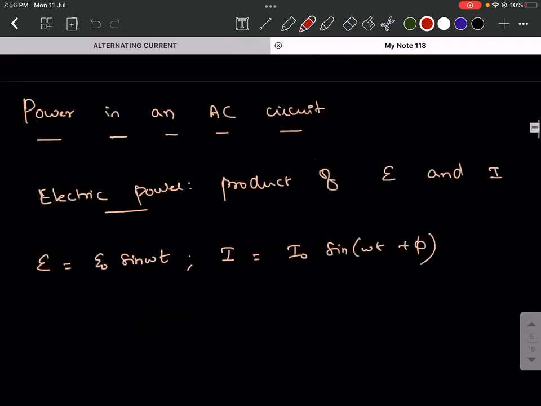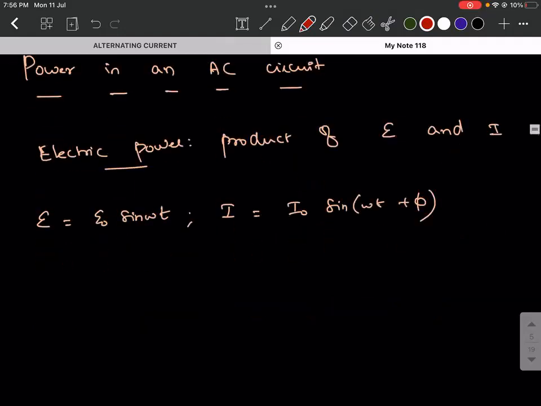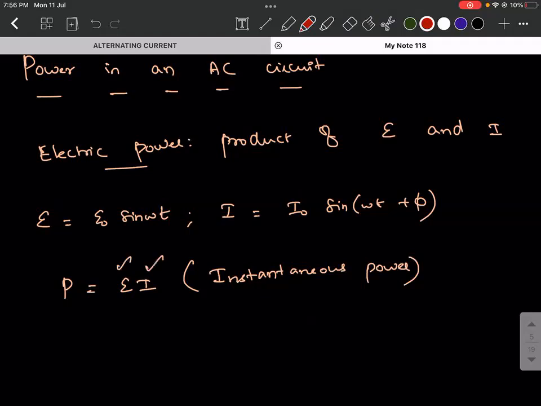Right. Now, if I define P is equal to E into I, can I call this instantaneous power? Instantaneous EMF into instantaneous current is going to give me instantaneous power. As simple as that. Correct?